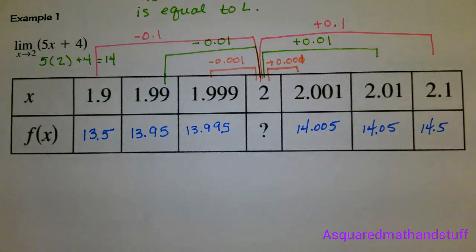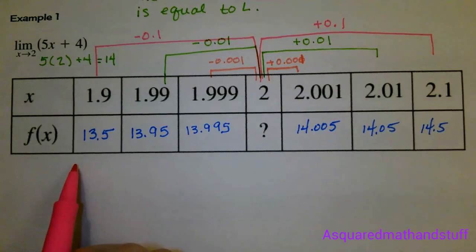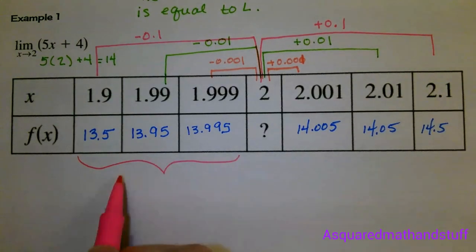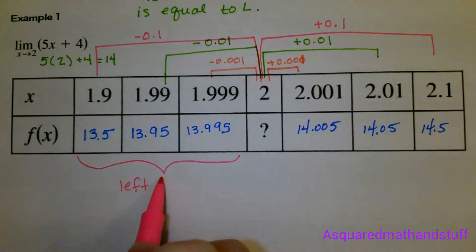The limit says if I come in from the left-hand side, or the numbers that are lower than my c value, the numbers that are lower are here. So this is our left-hand side.